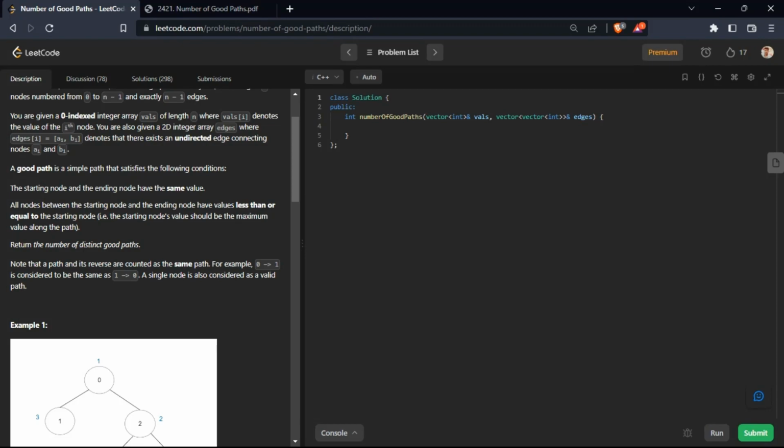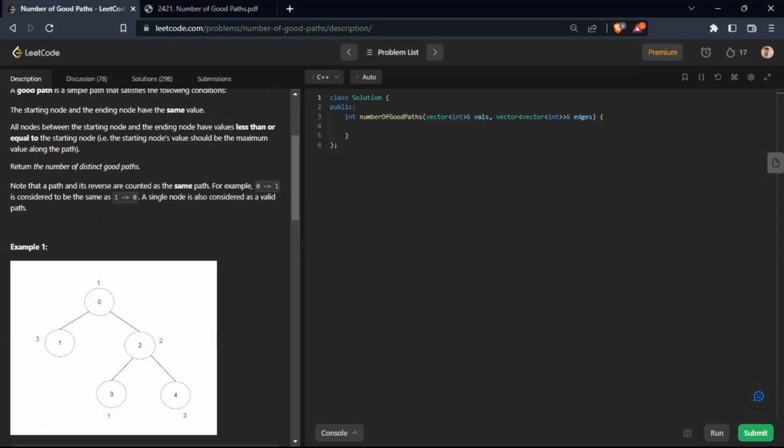We are not concerned with the order of the paths, but we are concerned with the values in that path being smaller than the starting and ending point.